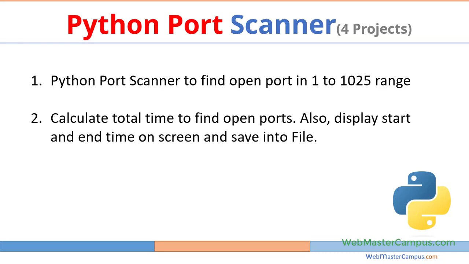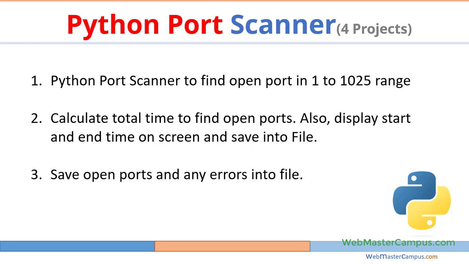Then you need to calculate the total time to find open ports, like you took 2 minutes, 2 seconds, 30 seconds, 15 seconds. We need to figure out the total time so we can calculate the efficiency of our program. We are also going to display the start and end time on the screen, and also save it into a file for our record, like when we started the program and how much time it took to the end of the program.